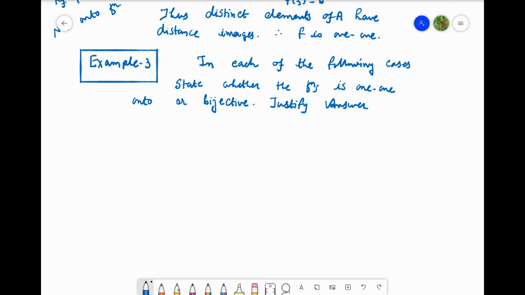First question: f from R to R defined by f of x equal to 3 minus 4x.